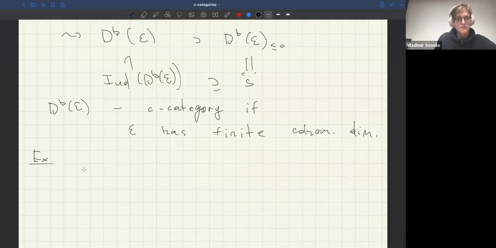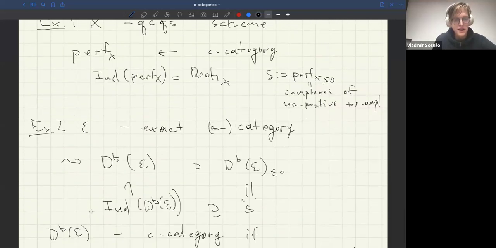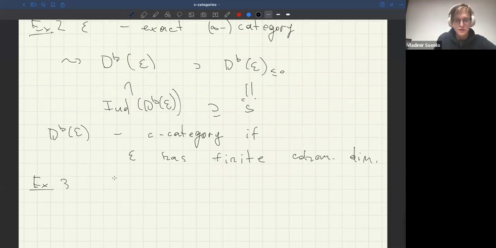Okay, an addition to the first example that I forgot to say is that example 1 also works for algebraic stacks, but at least up to now, we only figured it out under some additional assumptions.